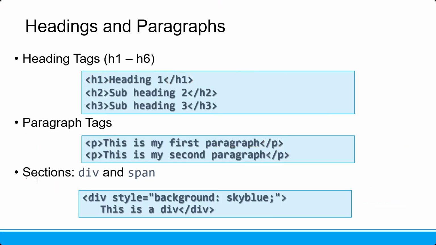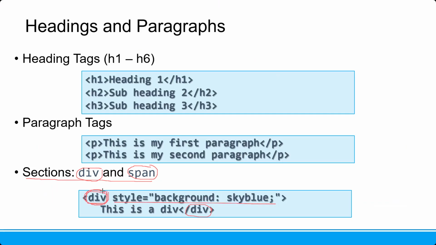And we will also have what we call div and span. So if it is div, then everything inside this div will be considered as a kind of division. So this div will have some kind of properties. So we will check those properties.